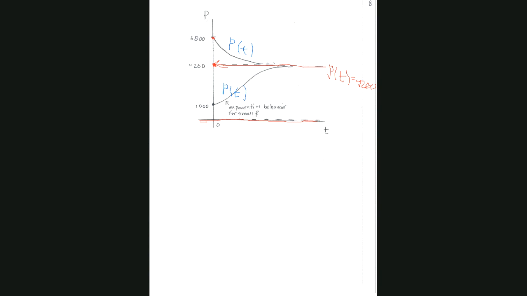If we start out with 6,000 deer, the population of deer is decreasing, and it doesn't decrease to 0. The population decreases. Good, Tyreek and Hussey. The population decreases until you reach 4,200, until you reach equilibrium.